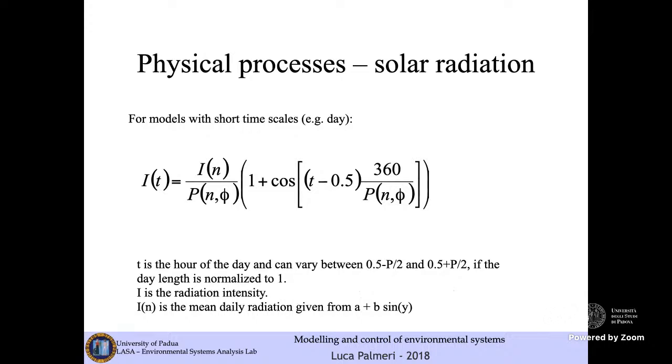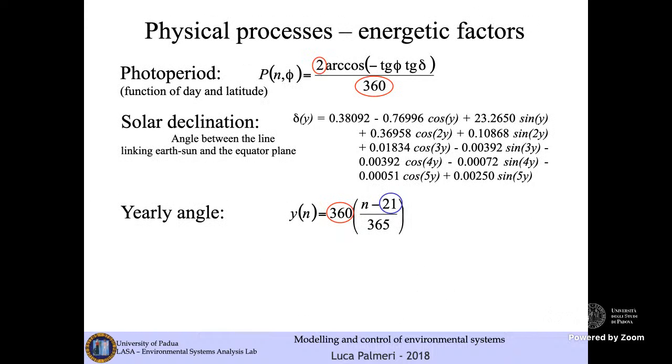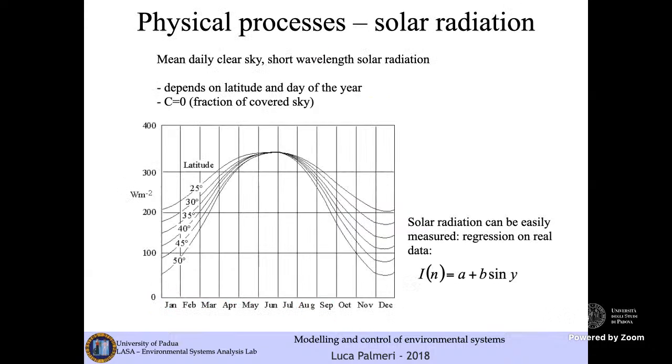So we have seen that in case we want to model in detail the effect of solar radiation arriving to the surface of our ecosystem, we may employ models, but for example, for short time scales, for example, for daily time scale, we may say that the radiation intensity at time t is equal to the radiation intensity arriving at day n, and I remind you that the radiation intensity arriving at day n may be calculated by these sinusoidal models, by employing exactly these regressions.